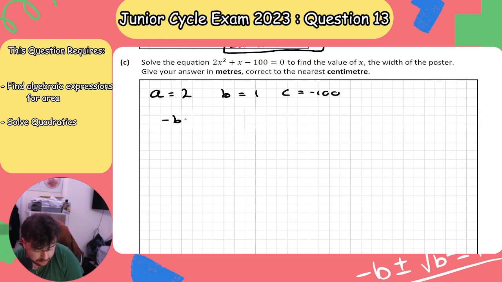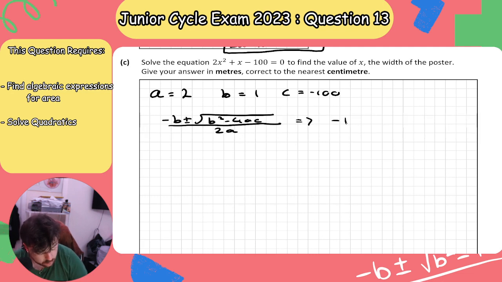So minus b plus or minus square root b squared minus 4ac all over 2a. That is going to be minus 1 plus or minus the square root of 1 squared minus 4 times 2 times minus 100, all over 2a, which is 2 times 2.